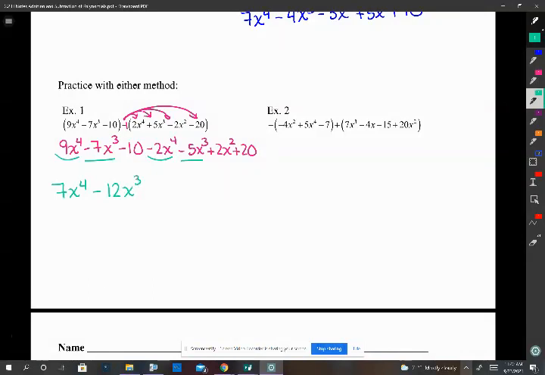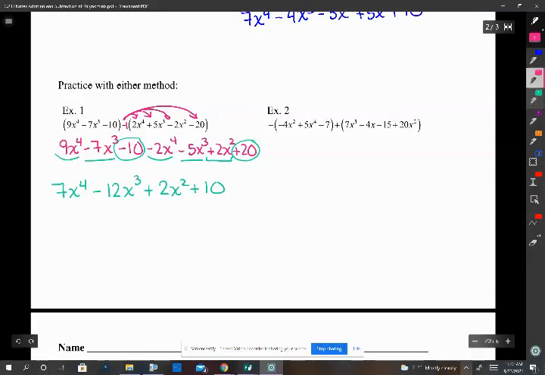My next biggest power is this power of 2, and I don't have another one, so I'm just going to write it down. And then my next biggest power would be an x, which I don't see one. And so my last thing that I'm going to do is my constant. So negative 10 plus 20 is positive 10. Okay, that would be if you're doing horizontal. If I was doing vertical, we'll do this one vertical.